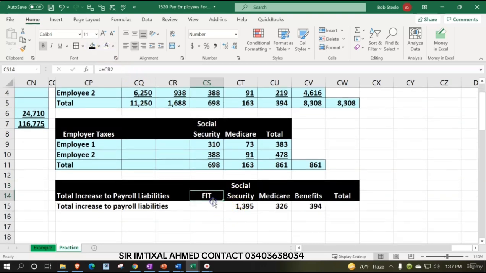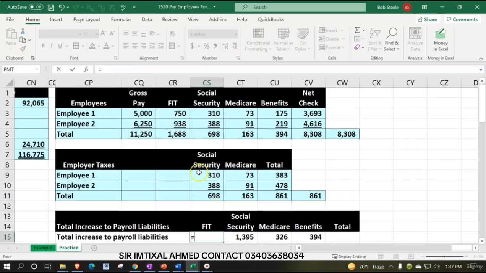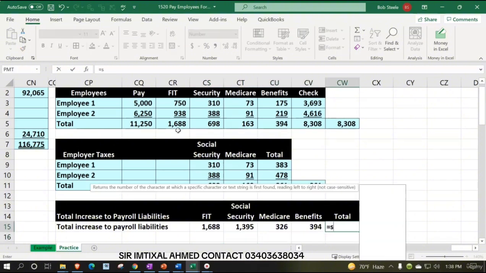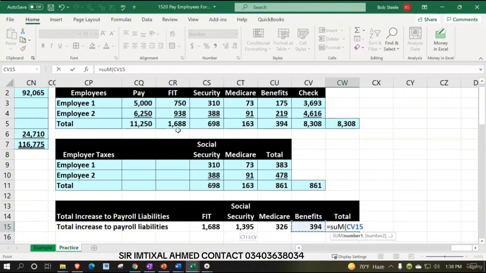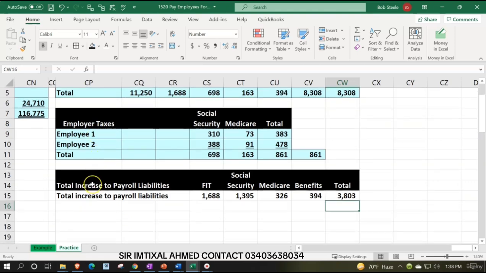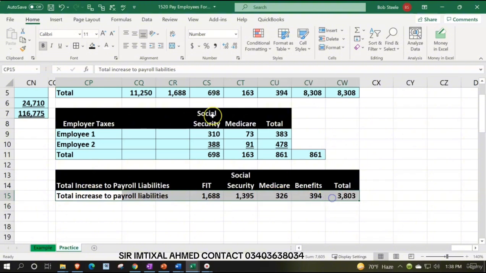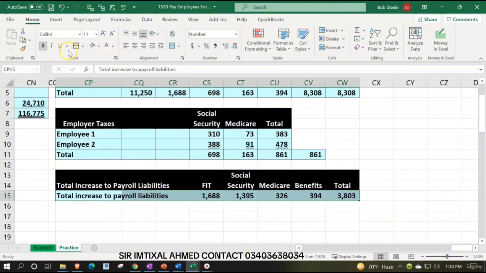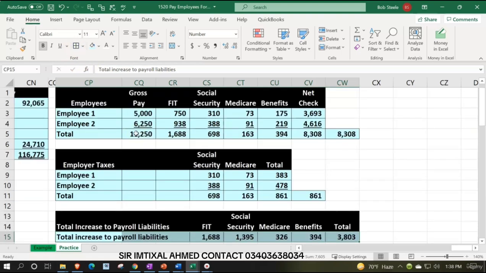So the liabilities, once we're done processing a payroll, is going to result in a total liability that we're going to be owing of 3,803 for the total liability. So I'm going to make this black and blue on this one. We're going to make it blue and bordered. So there we have it.